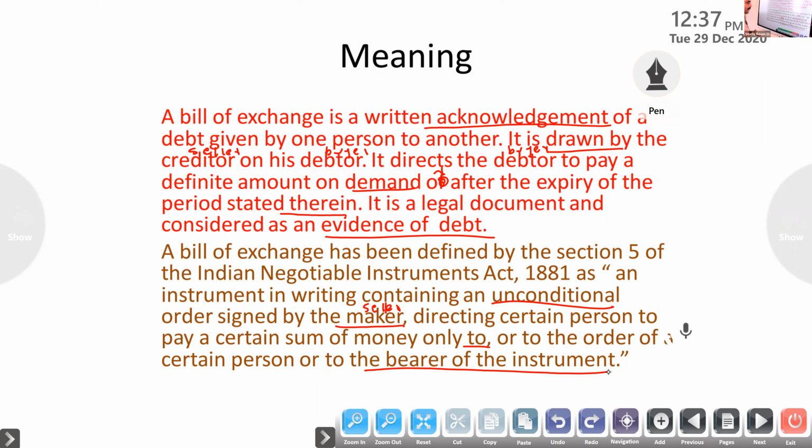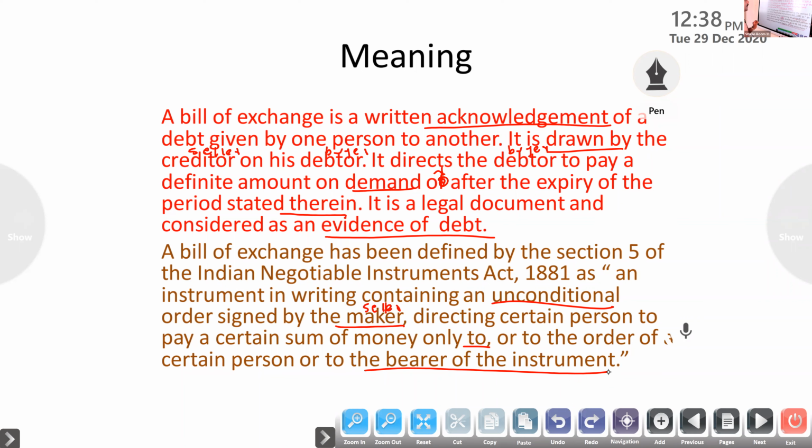To that person you have to give the amount. We know endorsement: we can transfer the instrument from one person to another, that is endorsement. So the buyer has to give the amount to that person. That is a bill of exchange. Already you studied. It is done by the seller on his debtor, on his buyer.